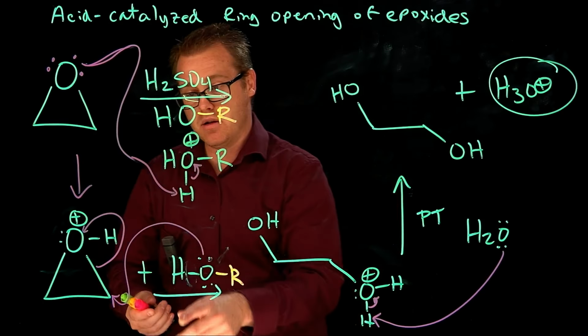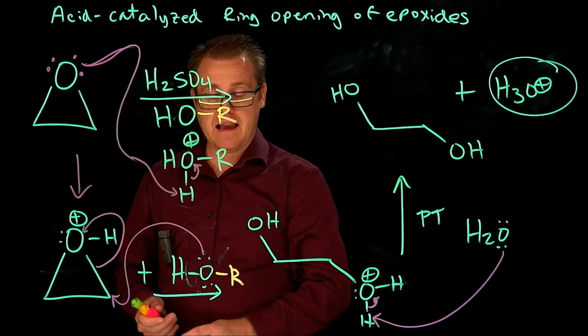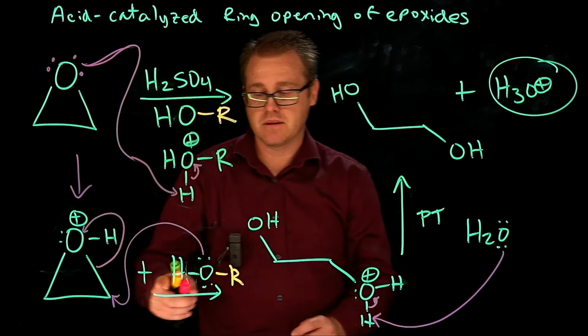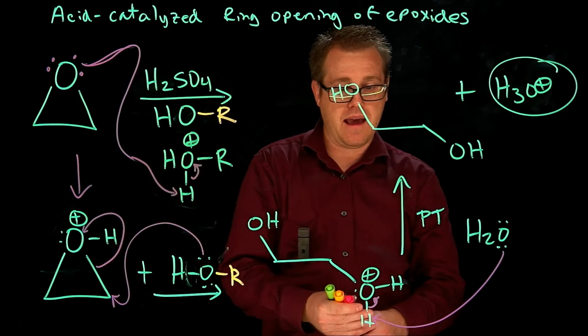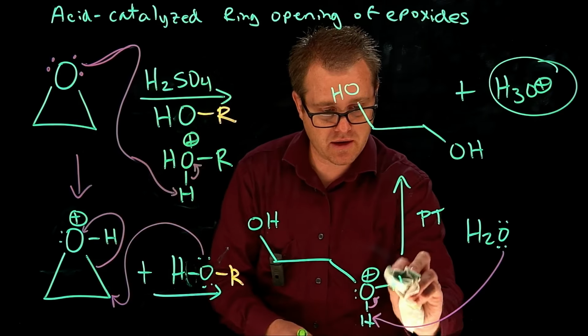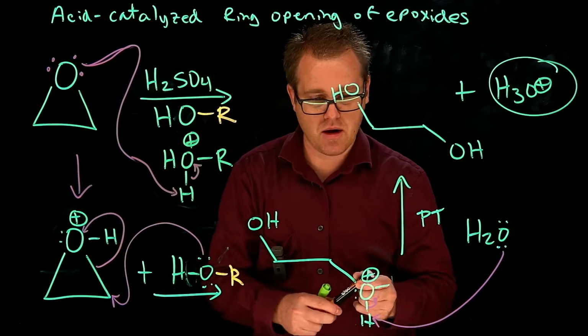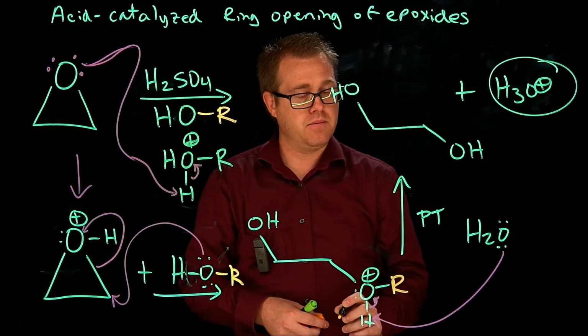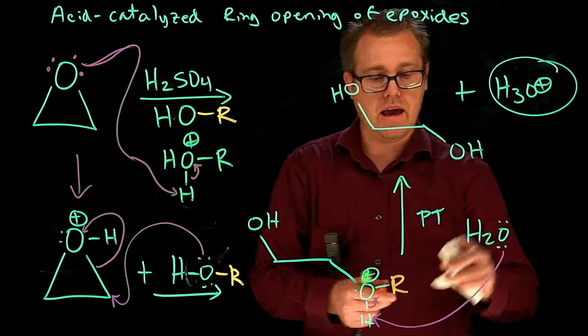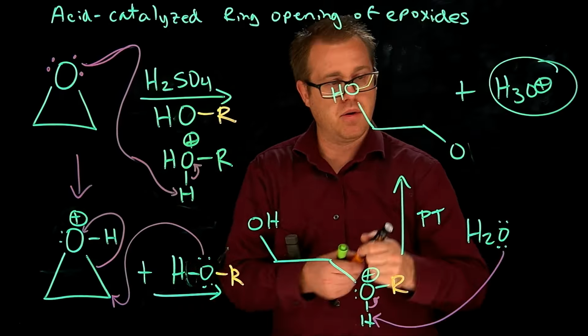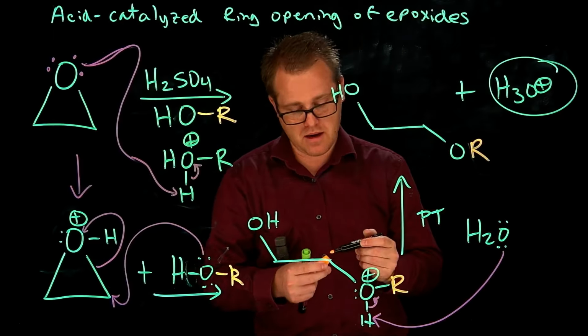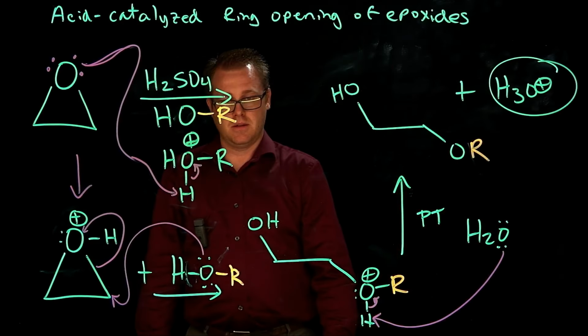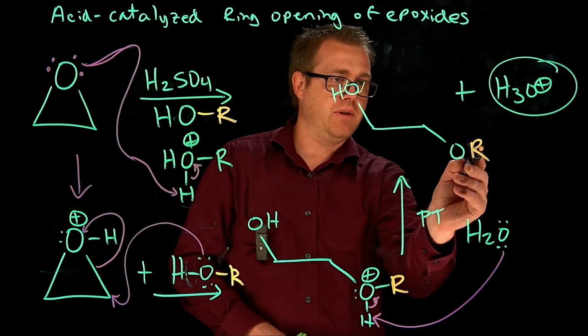Now that alcohol is going to do a nucleophilic attack, SN2 style. Okay. And then what's going to change here? This will be my R right there, and this will be my R right there. All right. So look, what kind of functional group do we have right there?